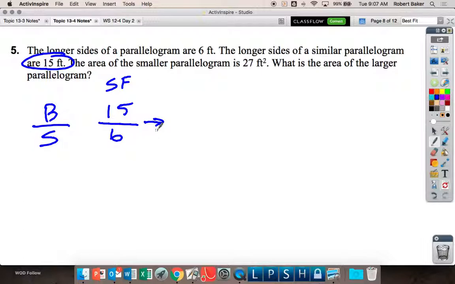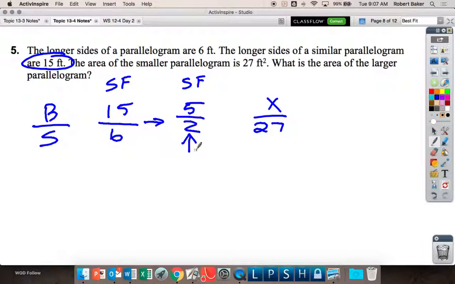If you reduce that, you get a nicer number to work with. Now, it says the area of the small parallelogram is 27. So we're trying to set up x over 27. That's big over small.